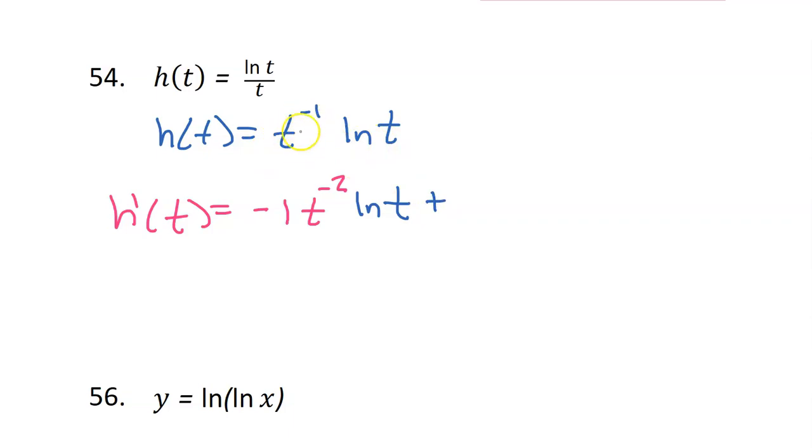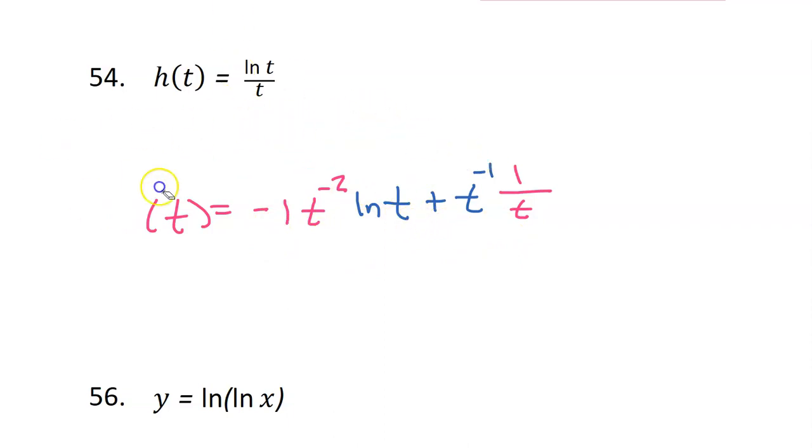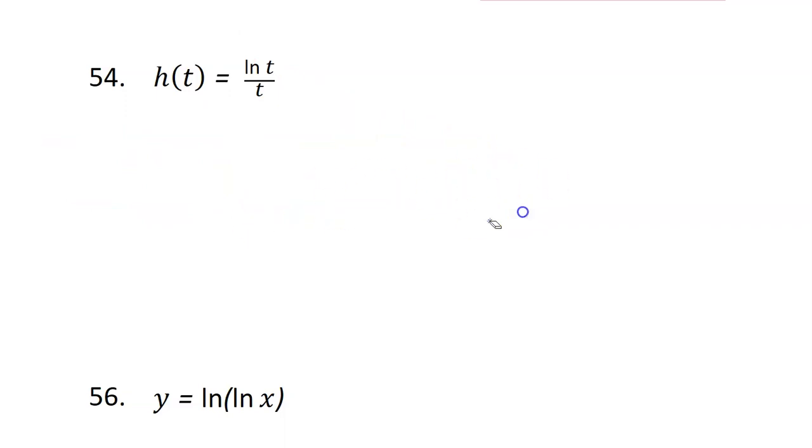Second time through, you leave the first factor alone, so t to the negative 1 power, and then you multiply by the derivative of the second factor. Derivative of natural log t is 1 over t. So this is the answer. We would have some manipulation to do to simplify this down. I'm not going to do that because now I'm going to go back and do the quotient rule.